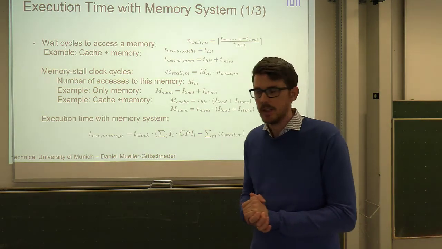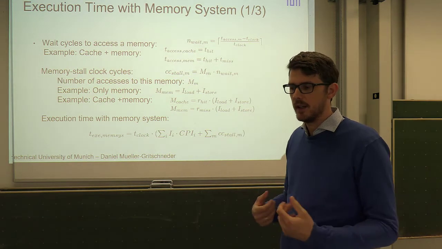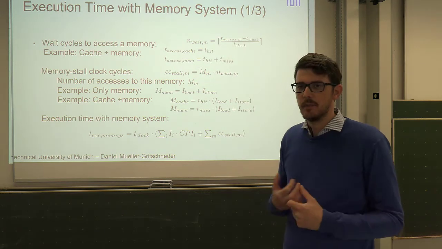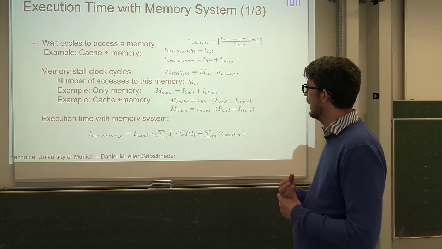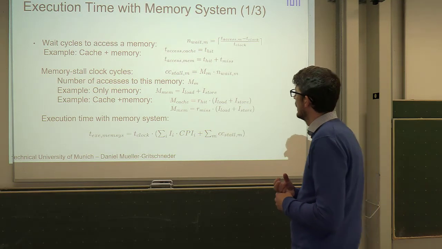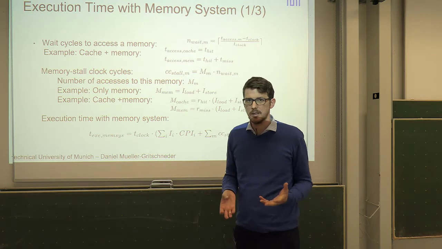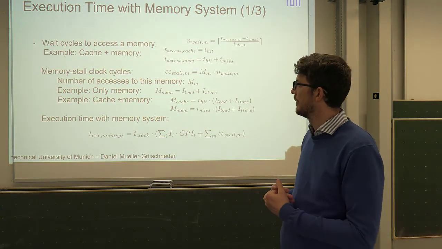Now let's say you have a certain microcontroller, you know the CPI, and you know the memory hierarchy of this microcontroller. Then again, you can make a quick estimation of how long it takes your program to run. First you have to find out how many cycles you have to wait when you're accessing the memory.